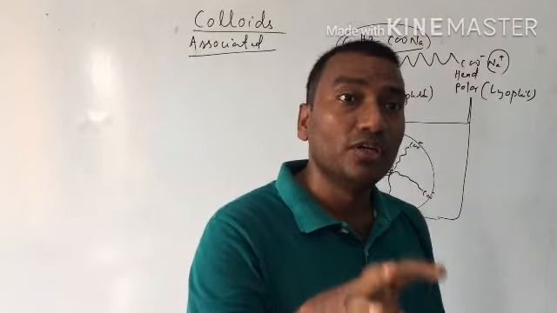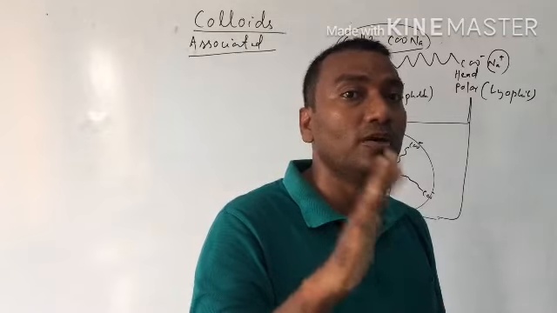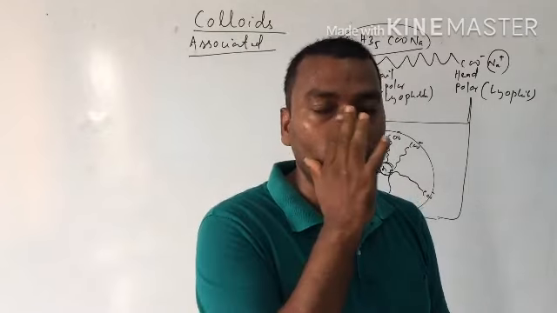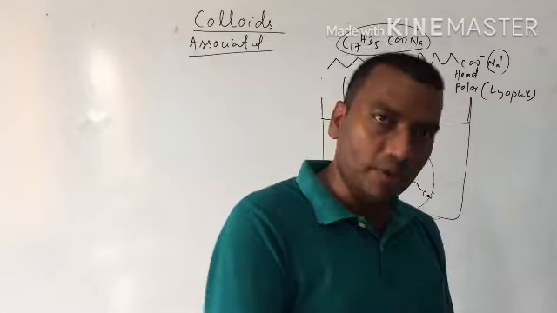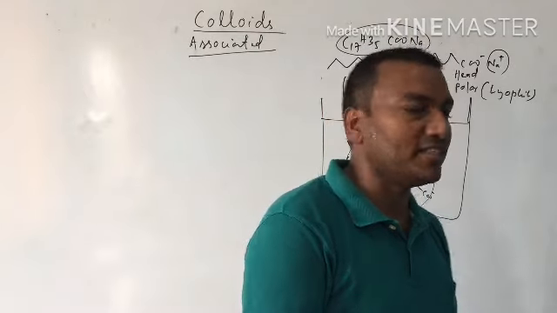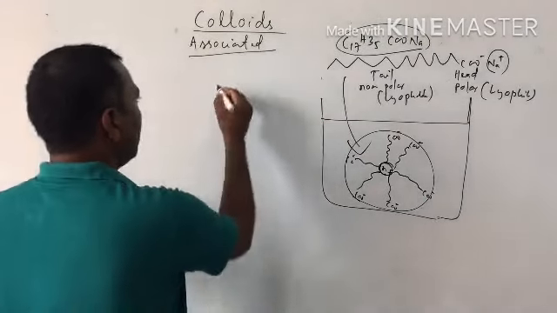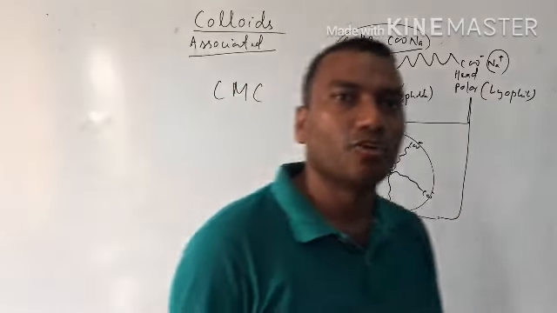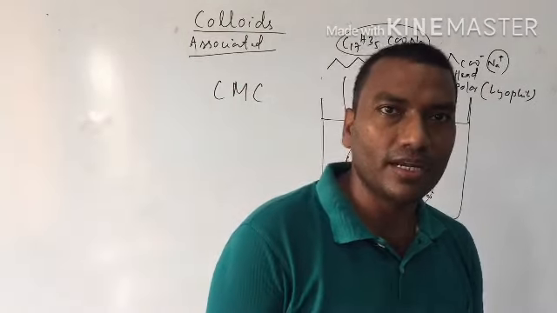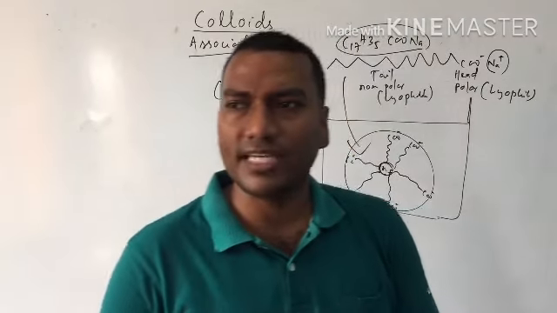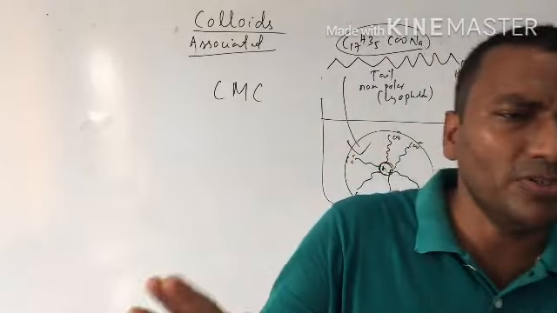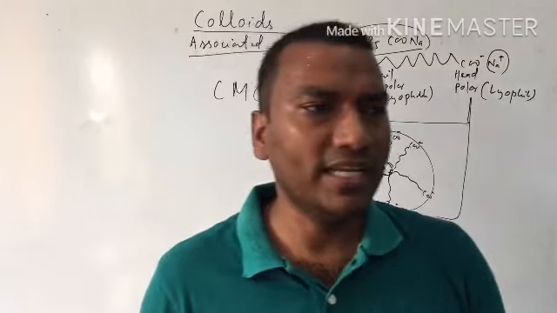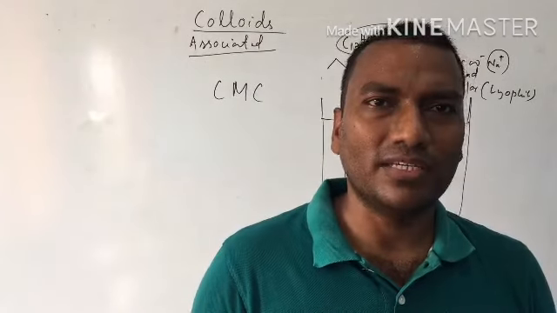Below the minimum concentration, micelles will never form. The minimum concentration above which formation of micelles takes place is known as CMC, critical micelle concentration. Clear now?